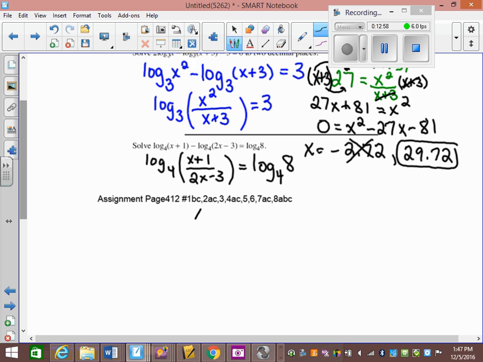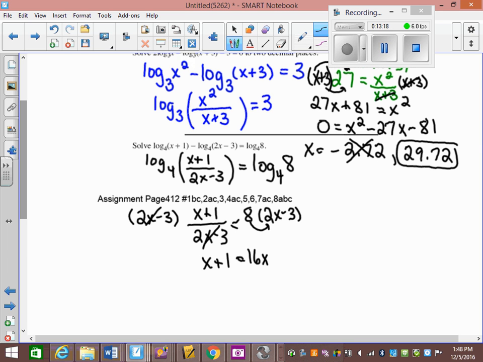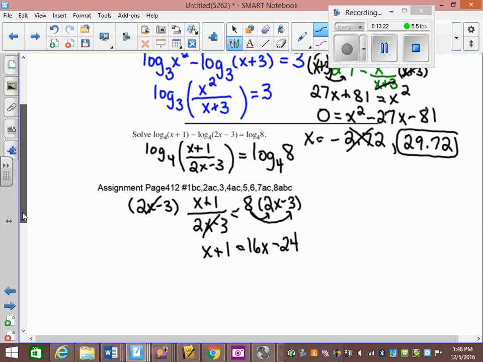We get the same thing that I did last time: x plus 1 over 2x minus 3 must equal 8. Then I'll have to bring my 2x minus 3 up. X plus 1 equals 16x minus 24.